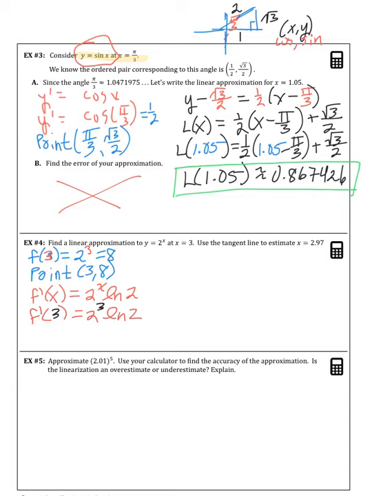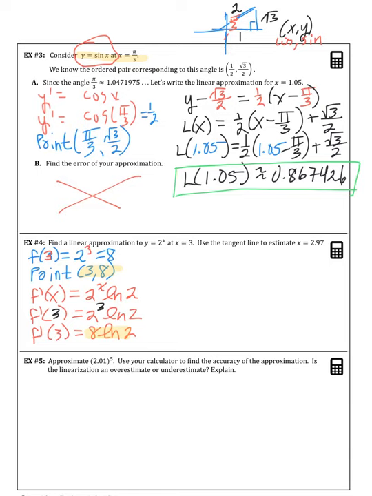And I want to keep the exact value, so f prime of 3 is equal to 8 natural log of 2. So we're going to use this point and this slope to find our L of x.